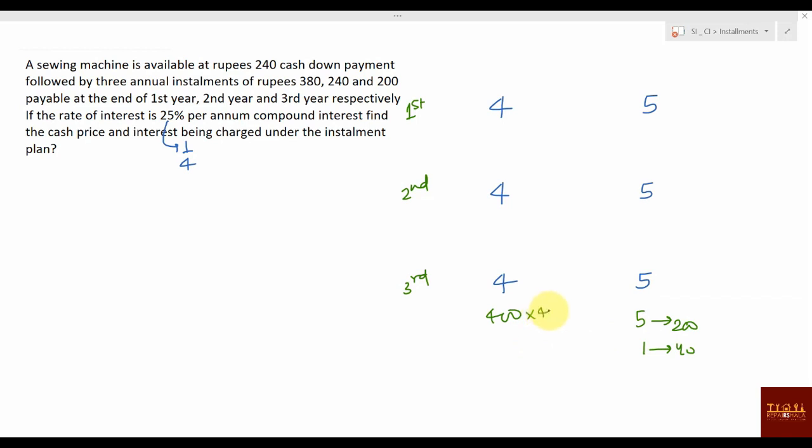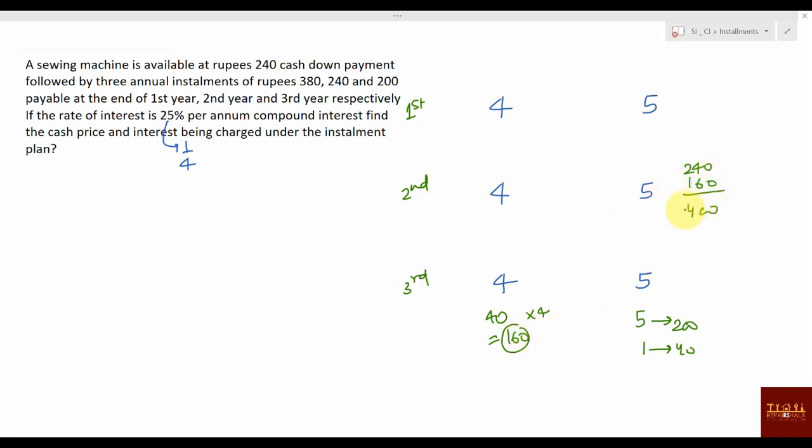400 into 4, 40 into 4. So this will become 160. Now this is the outstanding amount. How much did you pay at the end of this? 240 rupees EMI. And this was the outstanding amount, means what should be the amount here?